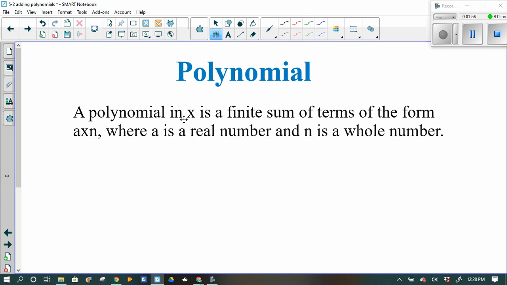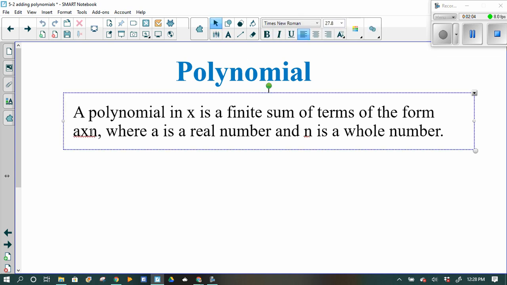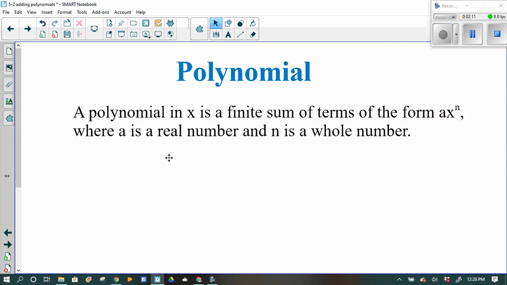Okay, so a polynomial in x is a finite sum of terms of the form a x to the n. I don't know why that is not an exponent. Let me fix that. All right, so a is a real number and n is a whole number. So in other words, a polynomial is the sum of terms.